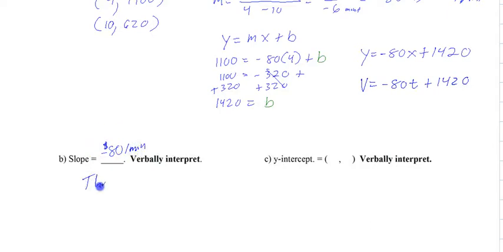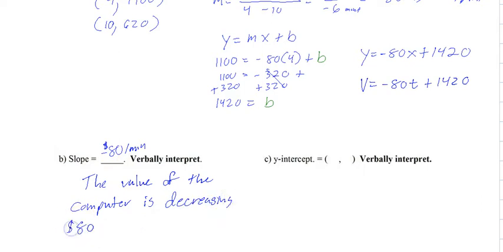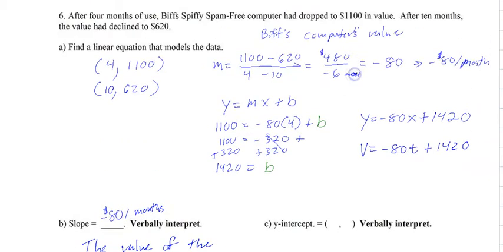So the value of the computer is, and since it's minus, we have to put decreasing $80 per month. Can't even read my own writing. It's not minutes, it's months. There we go.